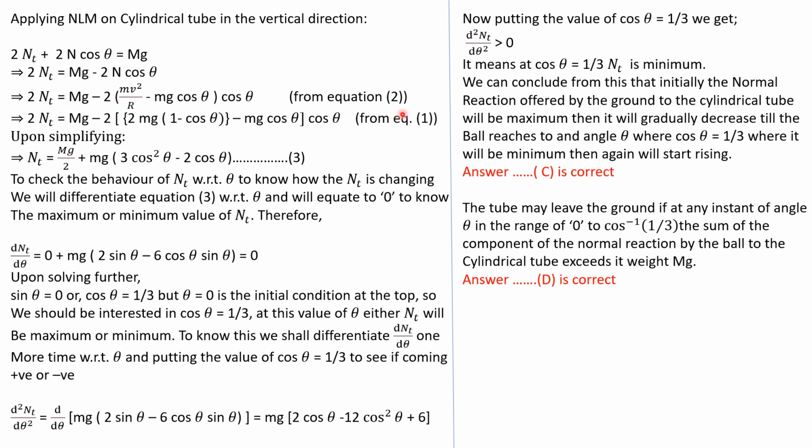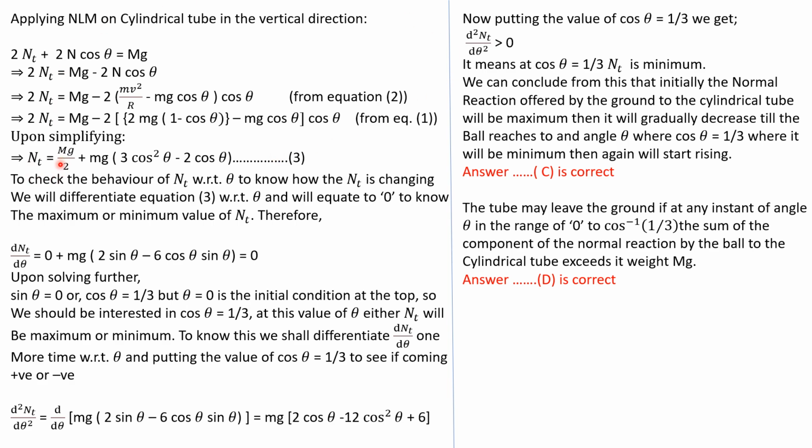But from equation 2 and from equation 1, we will put the value of N and mv square, and upon simplifying we will be getting equation number 3. So this calculation you can do by yourself.